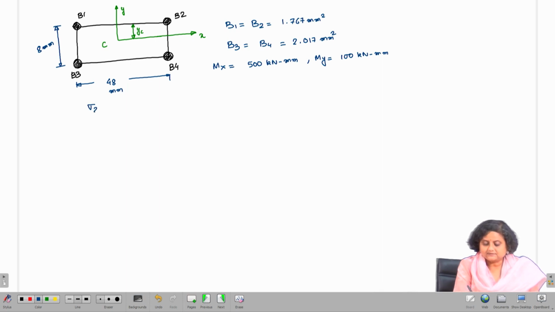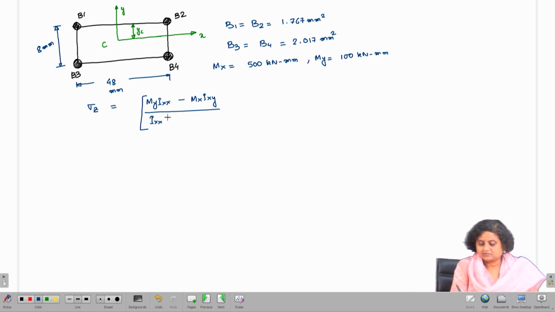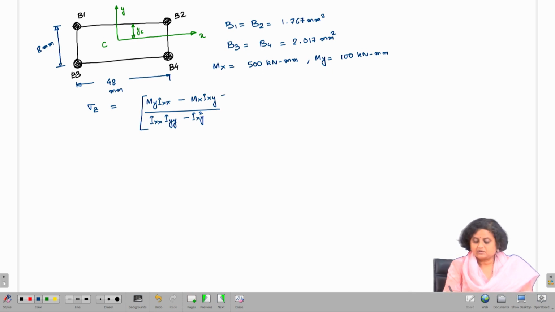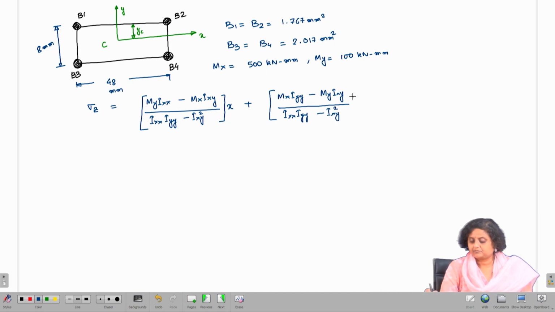Now, to find out sigma z, we have to use the expression that we have been using earlier.